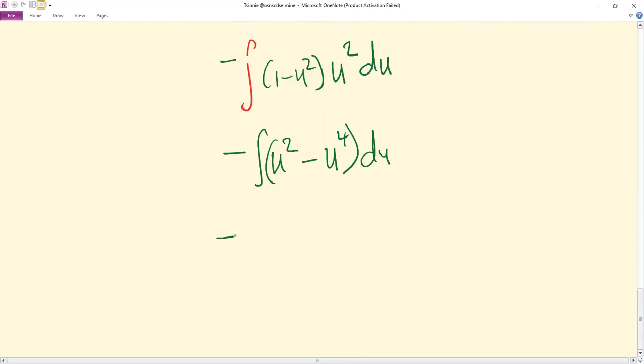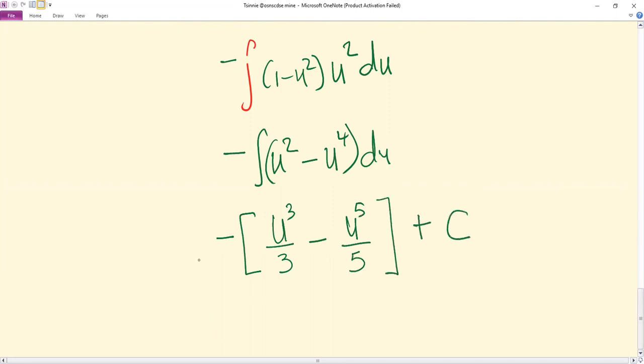So this is negative u power 3 over 3 minus u power 5 over 5, then plus constant of integration c, which is the same as, now when you multiply by negative 1, you'll have u power 5 over 5 minus u power 3 over 3, then plus c.